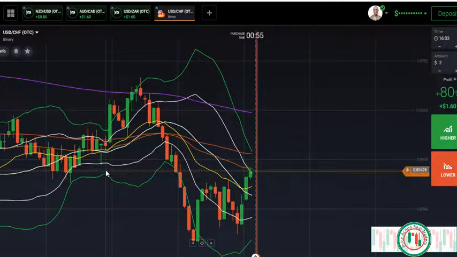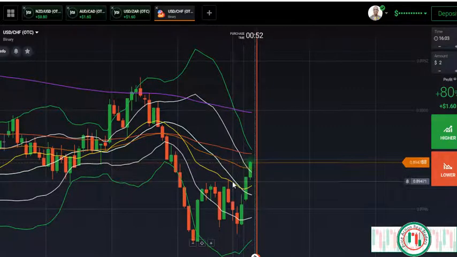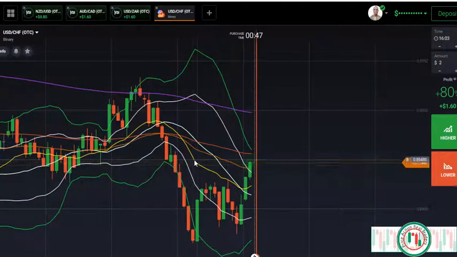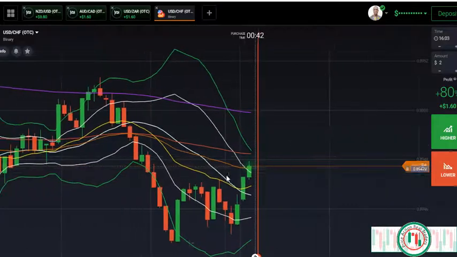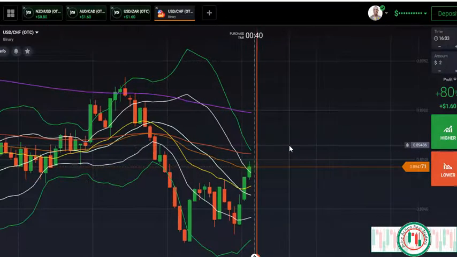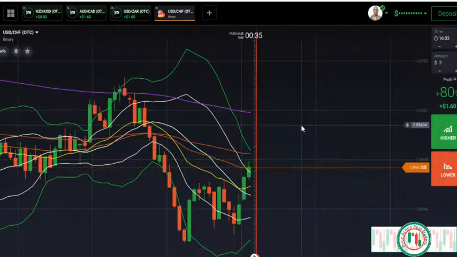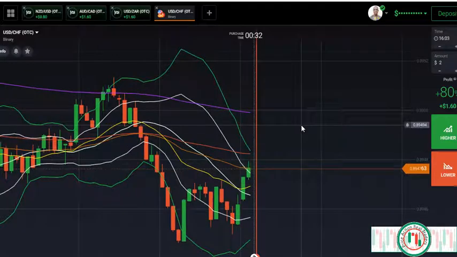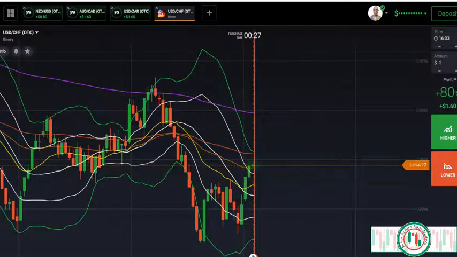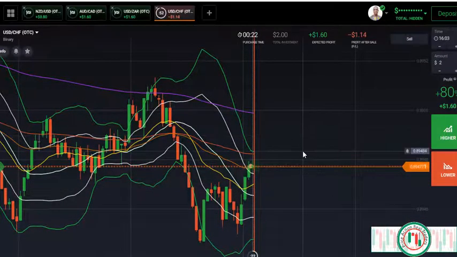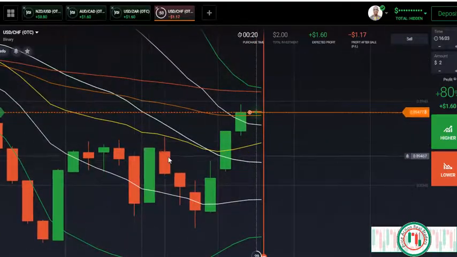from this level. After breakout, strong sellers. If I see weak buyers, I can go with sellers after breakout. Yes, here I will go with sellers from this level because of this breakout.